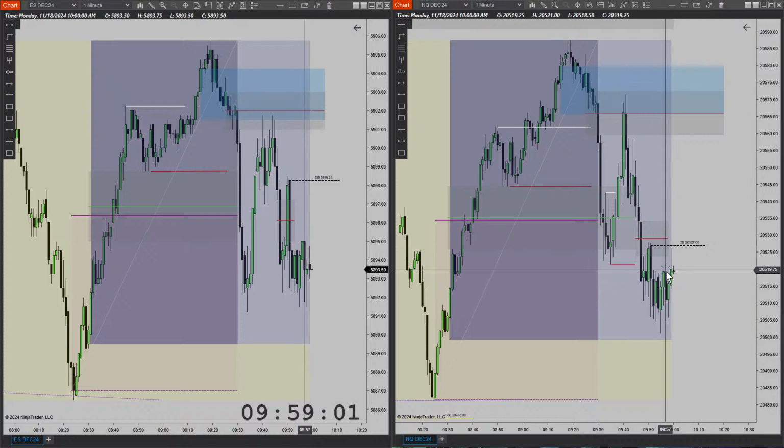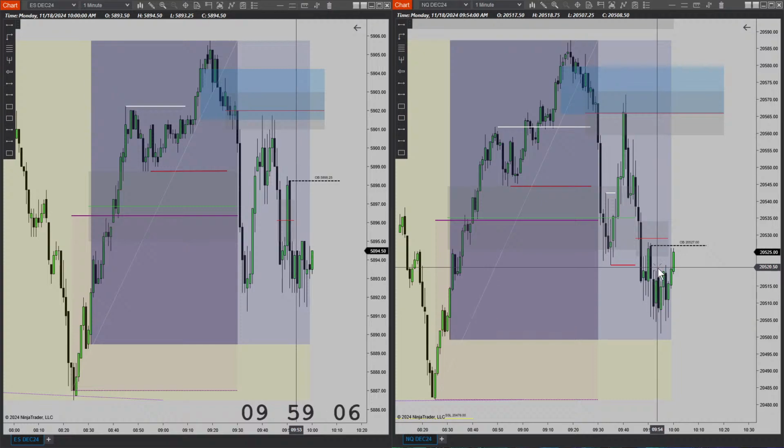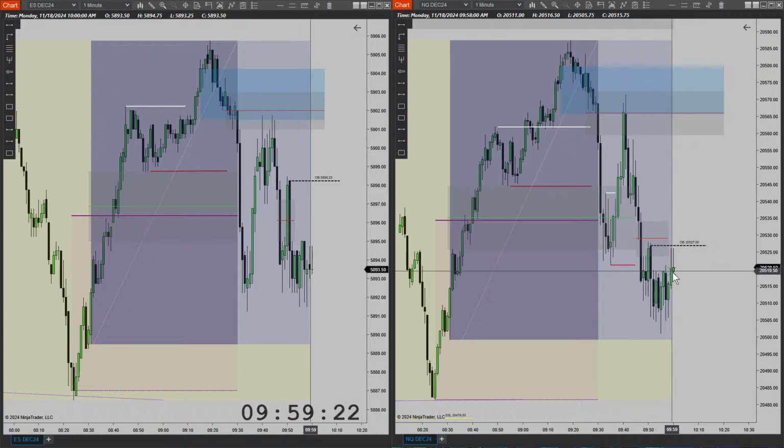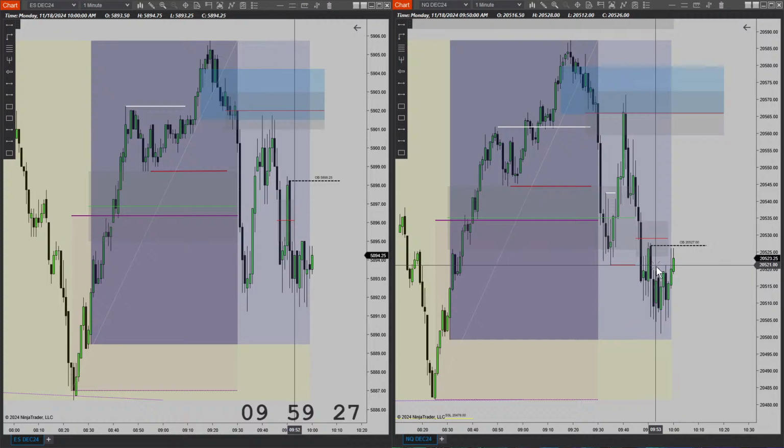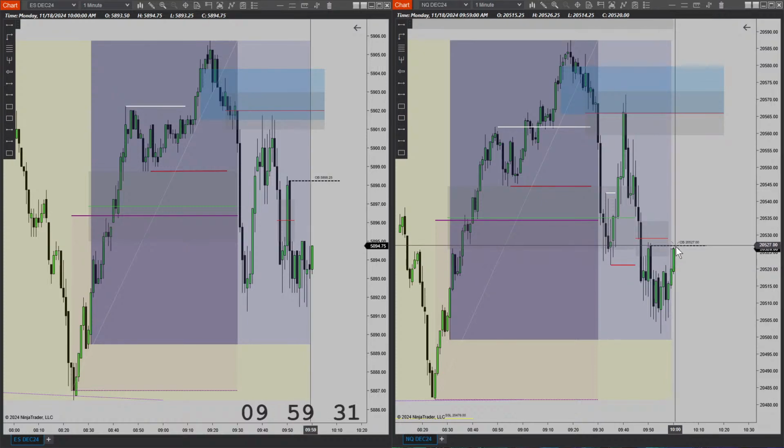I want to see how this candle closes. So you can see this candle swept buy side here, still closed below consequent encroachment. But the next candle, I want to see how this one closes.